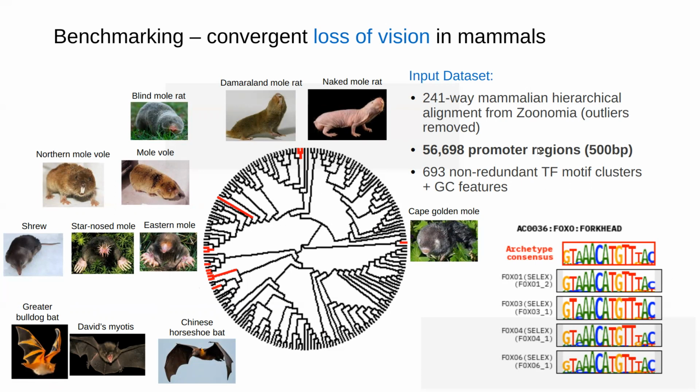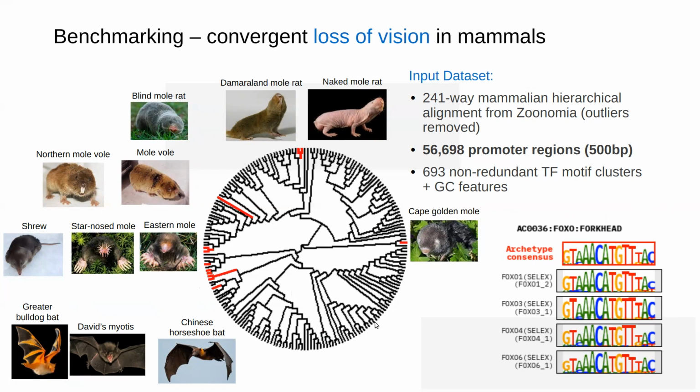We're working with this large 241-way mammalian Zoonomia data set and about 50,000 promoters, and we have a non-redundant TF cluster database of motifs. It looks like this, where redundant motifs are clustered into their consensus archetype. And so for this data set, we know what we expect.